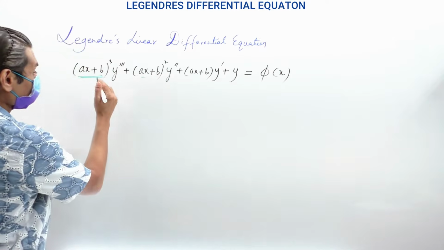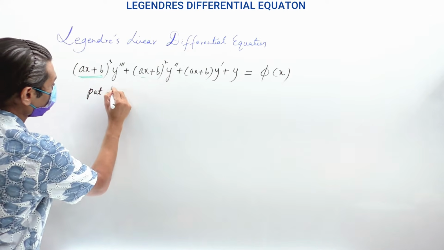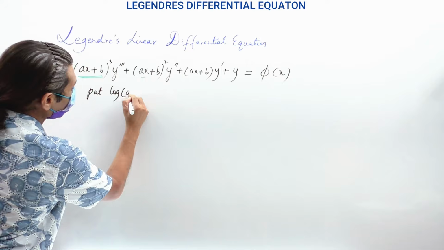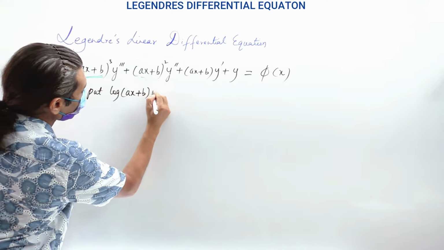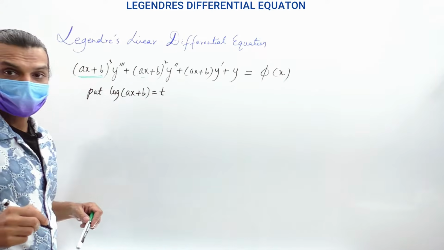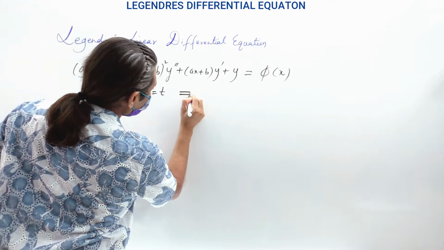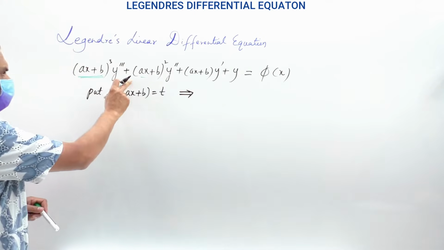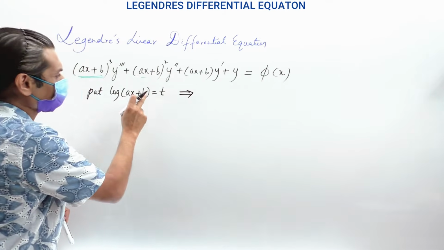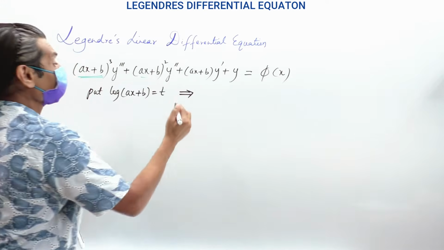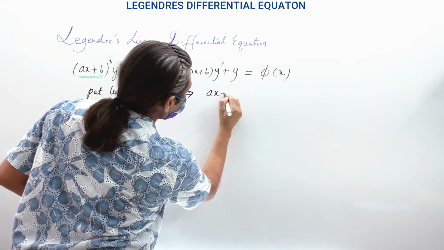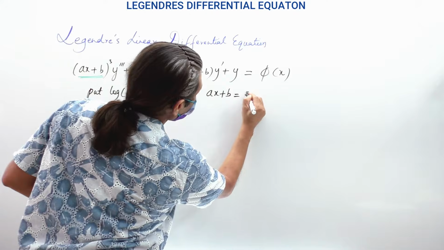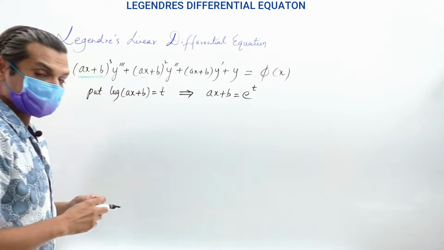So first put log of (ax plus b) equals t. This is the same for all the problems. If they give 2x plus 1, take log of (2x plus 1) equals t. That implies ax plus b will be equal to e raised to t.